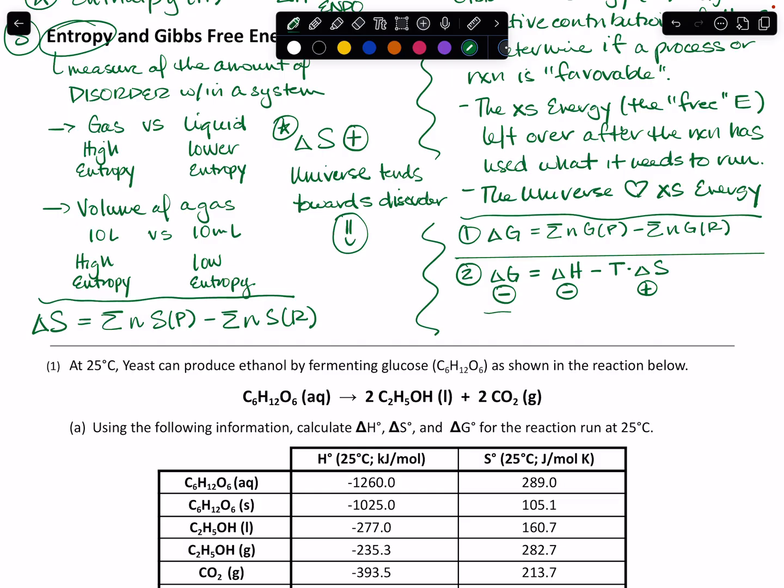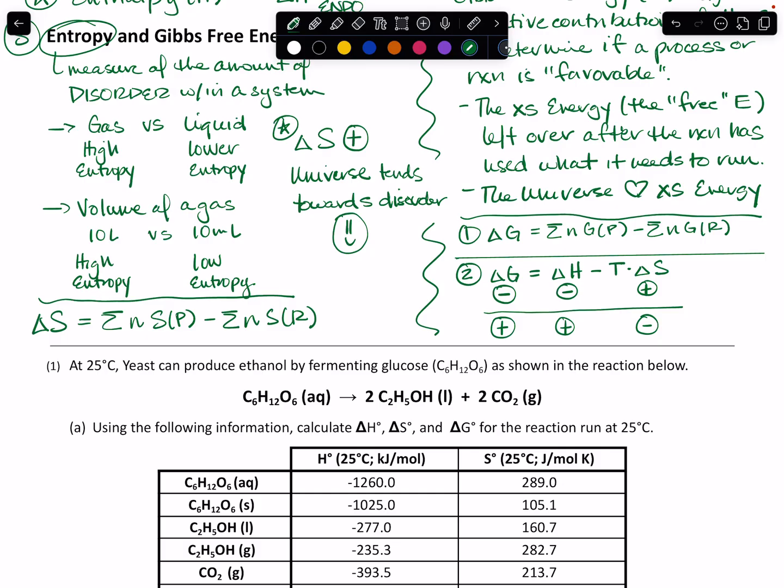All right. You can also have systems where it is not favorable. So delta G is going to be calculated to be positive. In that case, always happens if you have an endothermic process that decreases the entropy afterwards. In that case, always unfavorable.